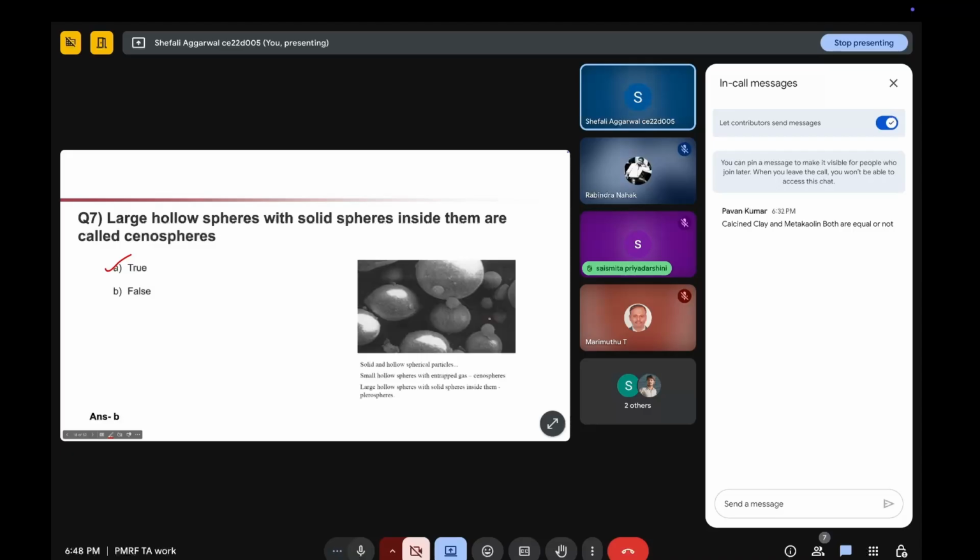So if we talk about spherical particles, as we have seen in one of our SEM graphs, when we have small hollow spheres with entrapped gas, those are called cenospheres. Large hollow spheres with solid spheres inside are called plerospheres. We are talking about cenospheres, which are mostly small hollow spheres. So the answer is false.